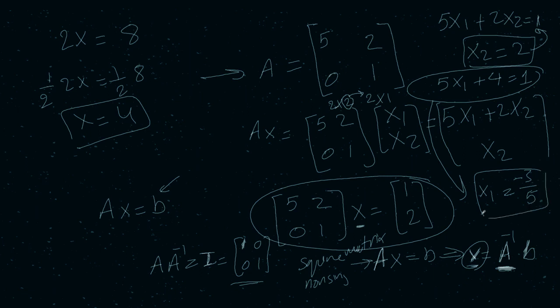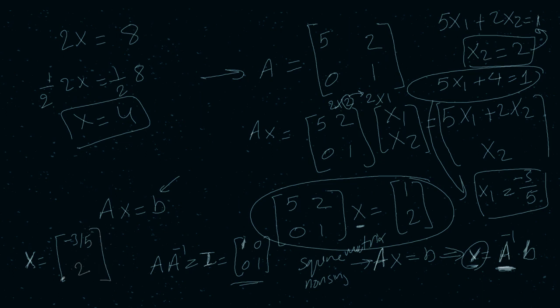Then x, which is the solution of this system of linear equations, is the vector x equal to minus 3 over 5 for x1, and 2 for x2.